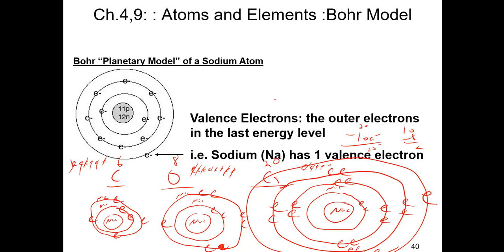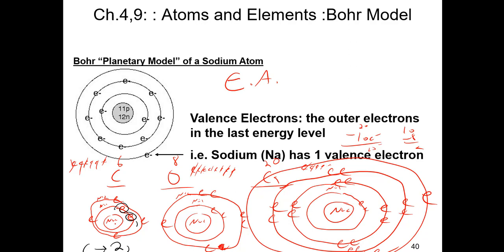Now, there's something on the next page called electron arrangement, EA for short. And this is pretty straightforward. On the first energy level, we had 2 electrons. So for carbon, you'd write 2. When you transition to the next energy level, we'll just put a comma there.